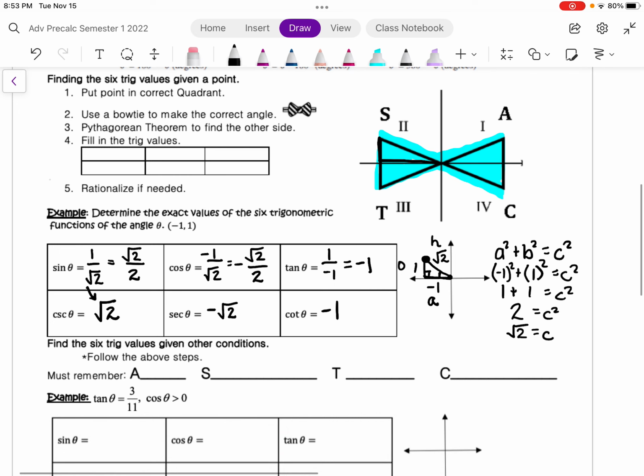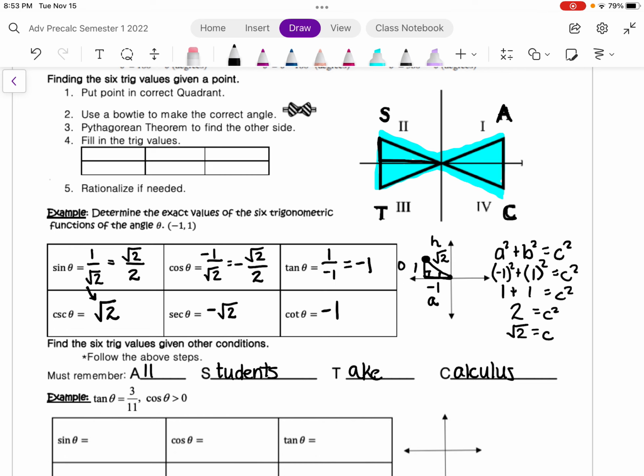All right. As far as our quadrants go, I have a little memory trick. It's a false statement, but we're going to go with it. So all students take calculus. And we start in the first quadrant. So notice I have the A, the S, the T, and the C. And we work our way around.